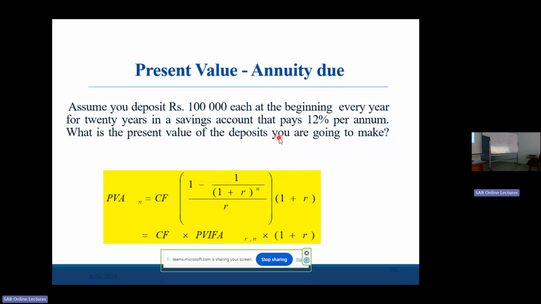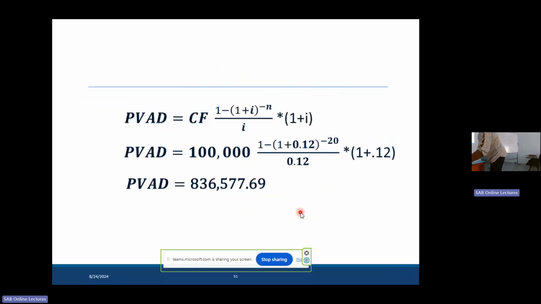You are asked to calculate the present value. If you deposit, what is the present value? So you can apply this formula. This is the ordinary one, so you multiply it by 1 plus r. Okay, so you will get the answer. You can do it, right?